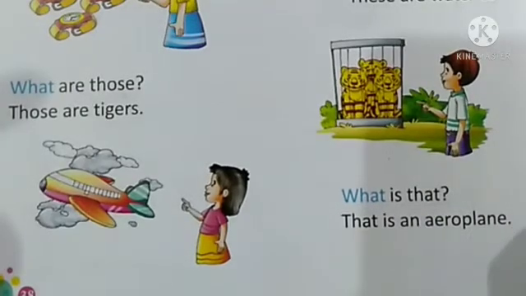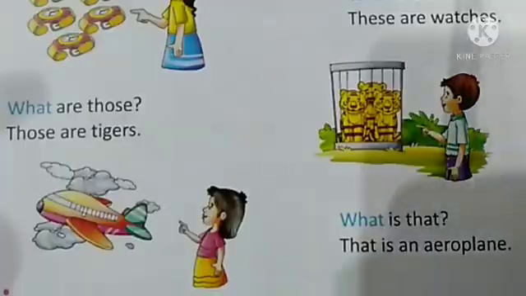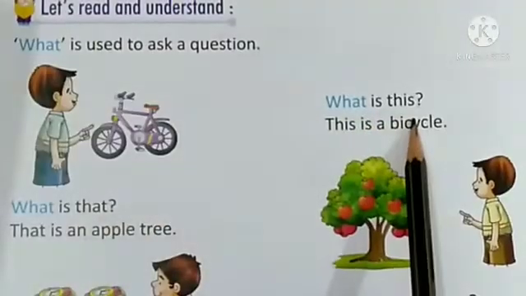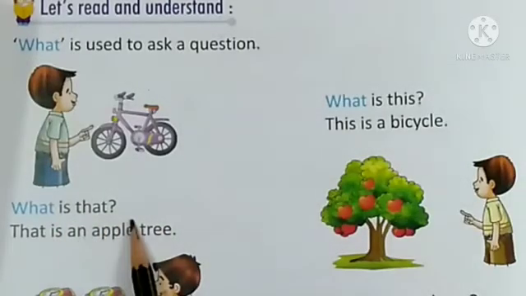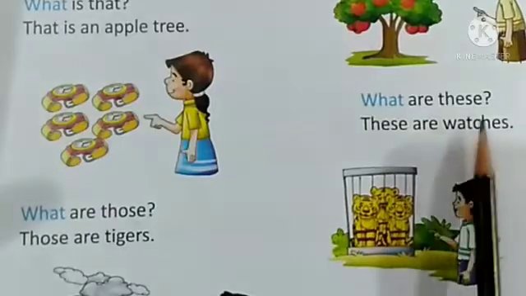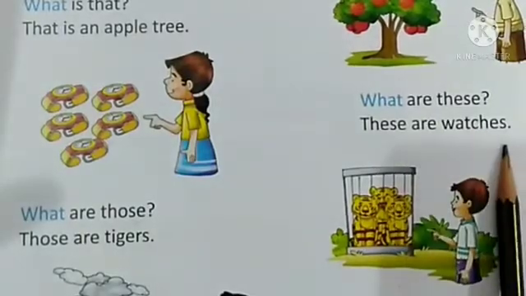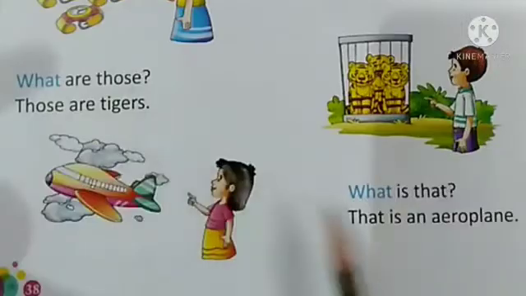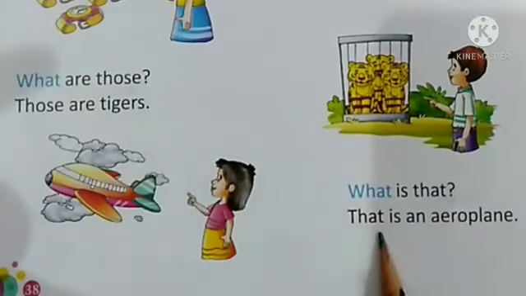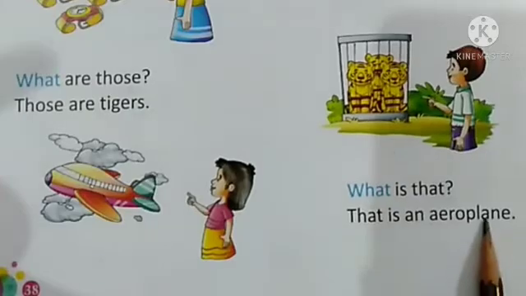Once again, we will read. What is this? This is a bicycle. What is that? That is an apple tree. What are these? These are watches. What are those? Those are tigers. What is that? That is an aeroplane.